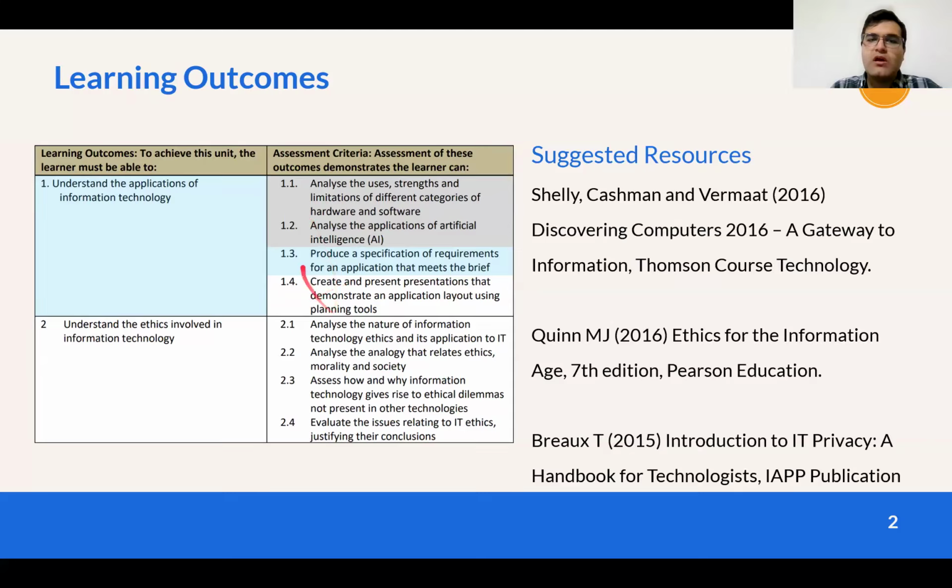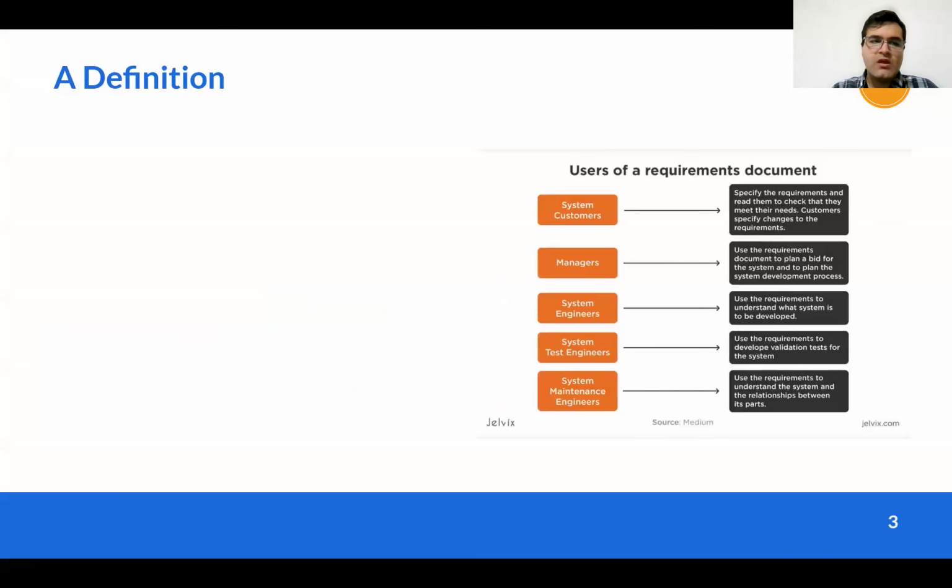So how do you get those requirements and how do you express them to your client to make sure you're both on the same page? And not just your client, also your internal team. If you're working with other people to develop the system, you want to make sure that everyone is on the same page. So let's go into some definitions.